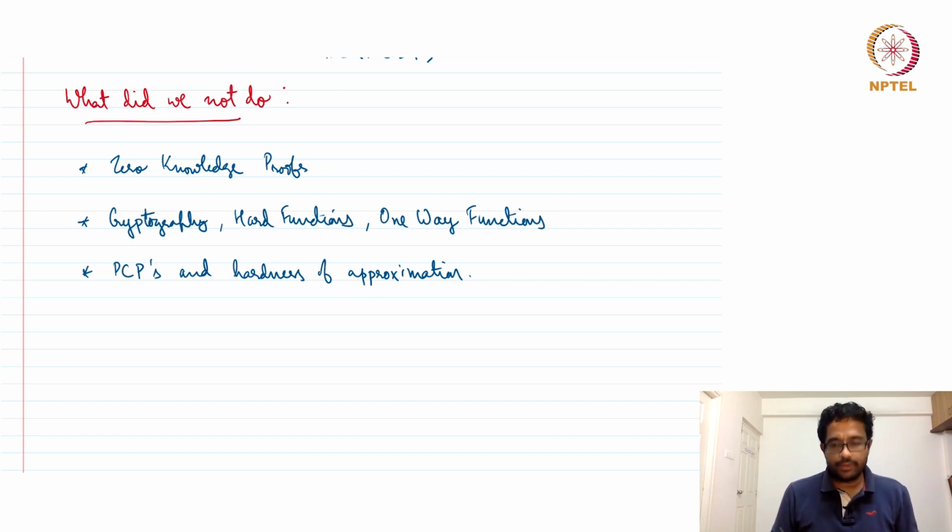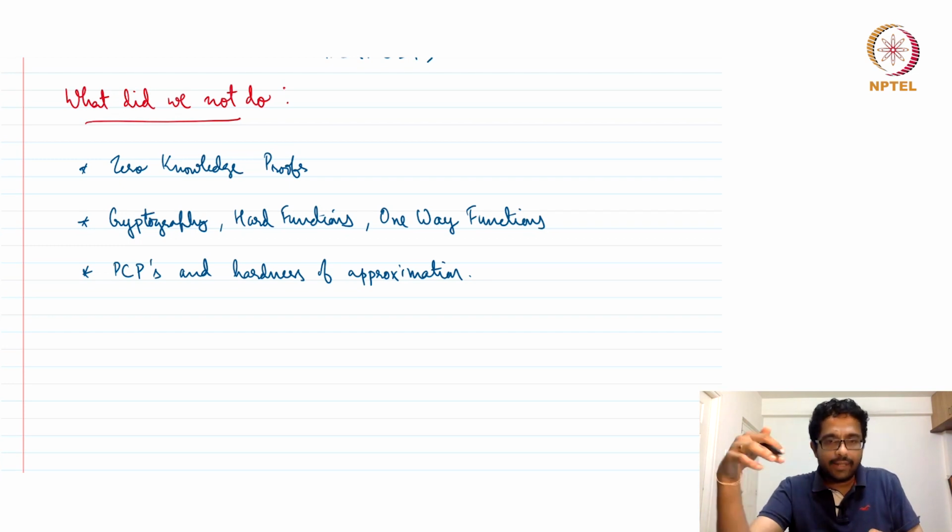probabilistically checkable proofs. It's an offshoot of the interactive proofs we saw last week, in week 12. PCPs interestingly gave rise to a lot of improvement in the area of hardness of approximation.